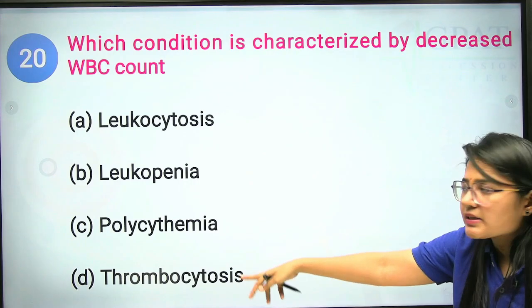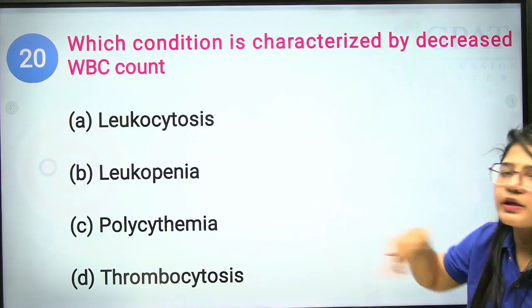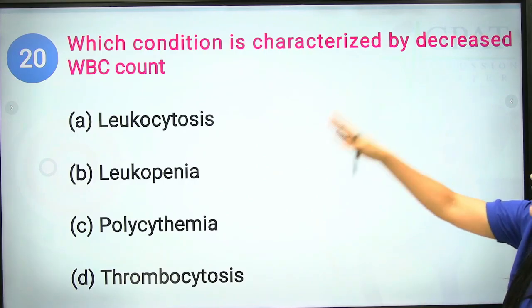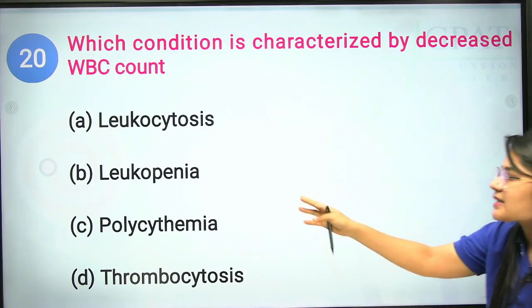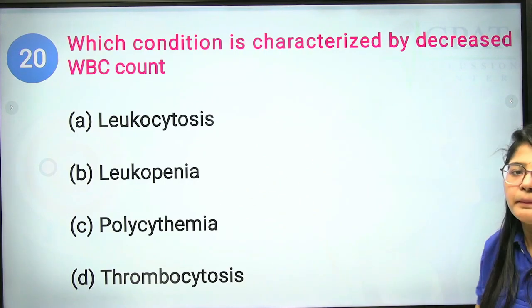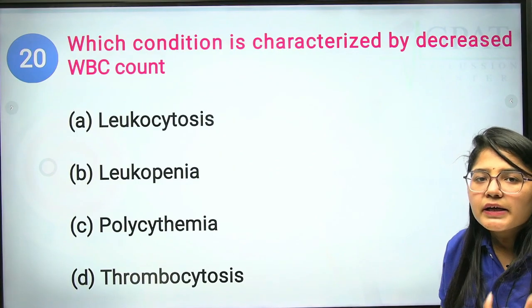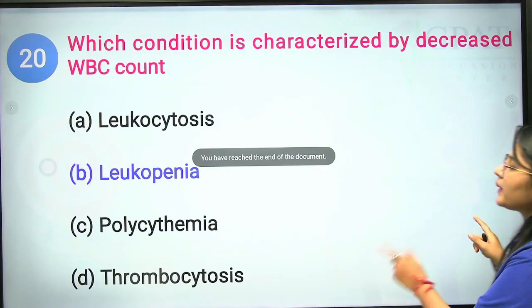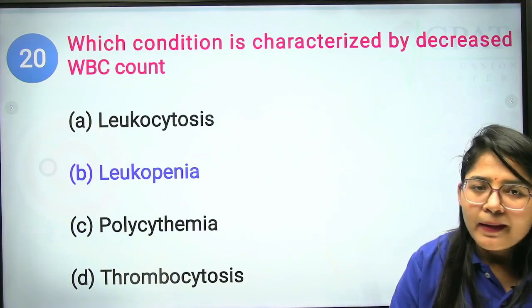This is RBC. This is leuco, meaning your white blood cells. Obviously, white blood count is decreased, that is known as leukopenia, because the word penia denotes the decrease of numbers. Clear? So these were the 20 important questions from your blood topic.